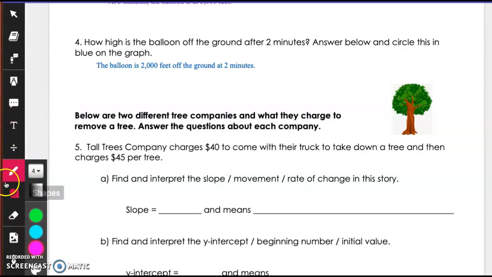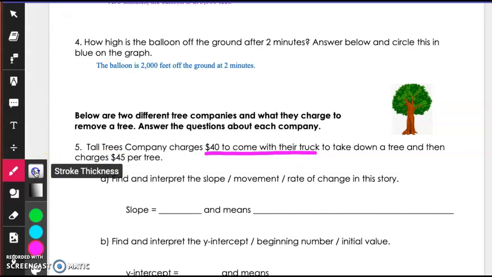Now remember, we have the beginning of our story, the initial value, the y-intercept, and that happens one time right at the beginning. And then we have our movement that moves the story along, which is also called slope or rate of change. So I like to try to find the beginning of my story first. Tall Tree Company charges $40 to come with their truck. So that sounds like a beginning to me.